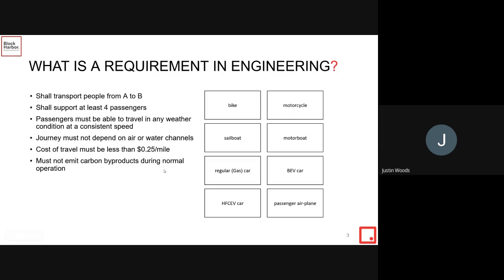So an electric vehicle is going to be pretty much our only option here, or a hybrid fuel cell electric vehicle would be the best fit for this. That's going to be what matches most accurately to the requirement. And again, we're not saying within the requirement that you need to do X, Y, and Z. We're saying that it shall do these things or shall not do these things, if that makes sense.